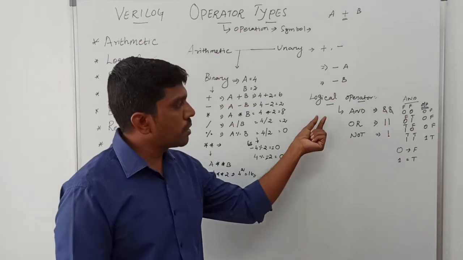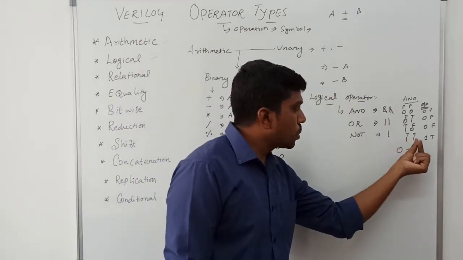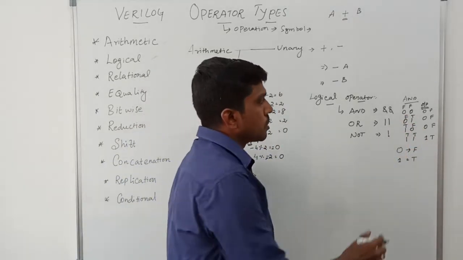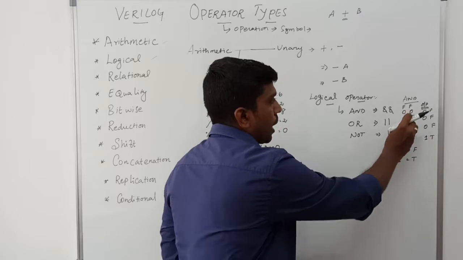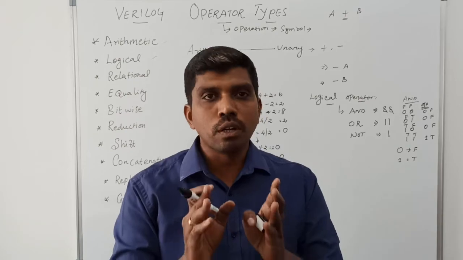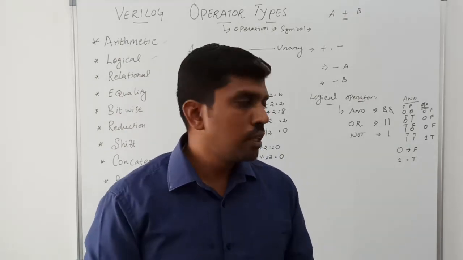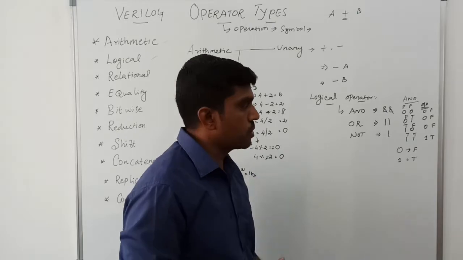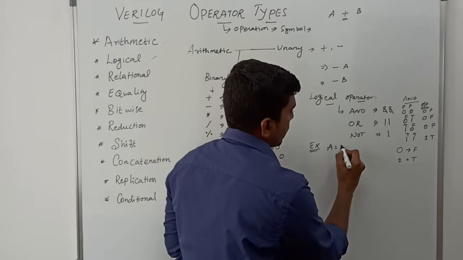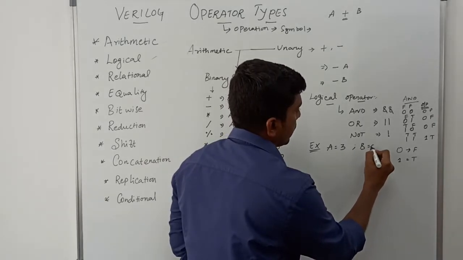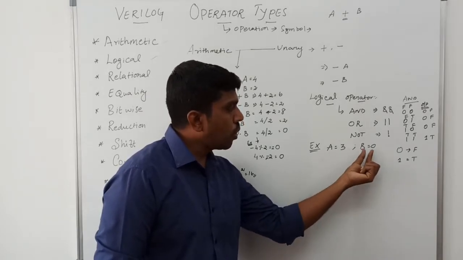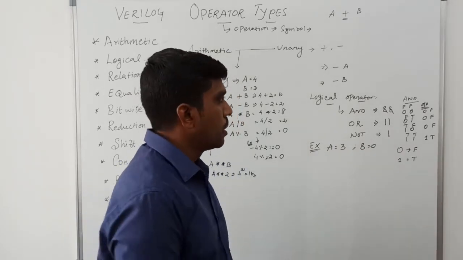So in this AND gate function, when the input is true true, the output is true. The output is produced only when both the inputs are true. Let us consider one example: operand A is 3, operand B is 0. Here operand A is a non-zero value and operand B is a 0 value.